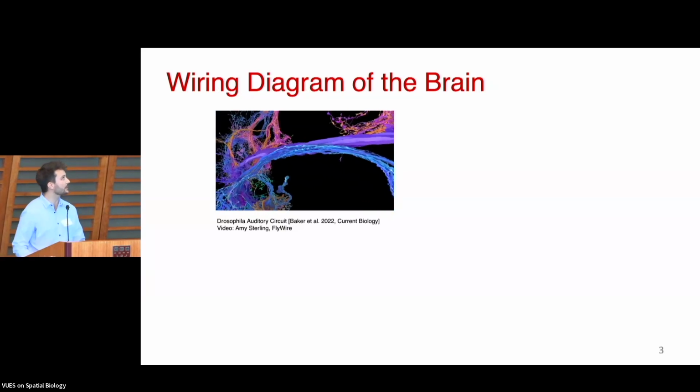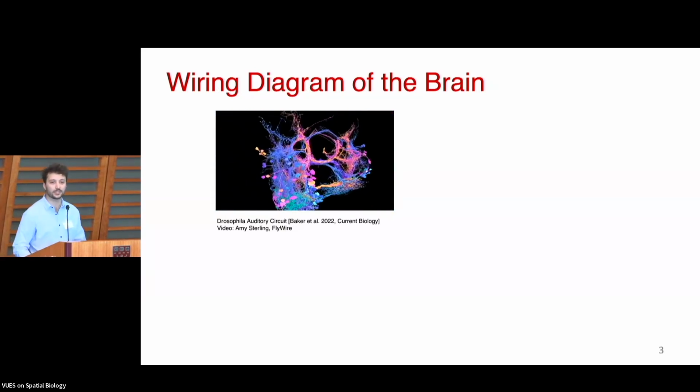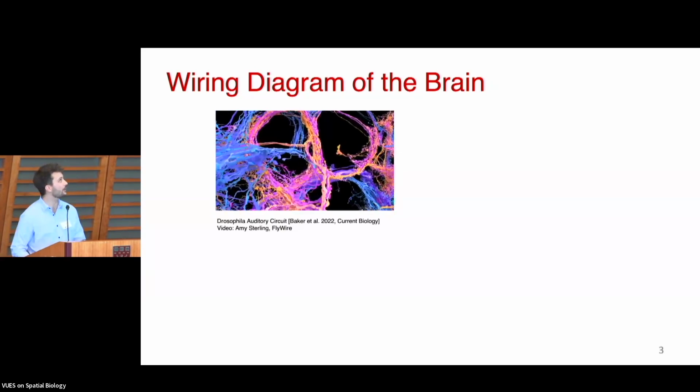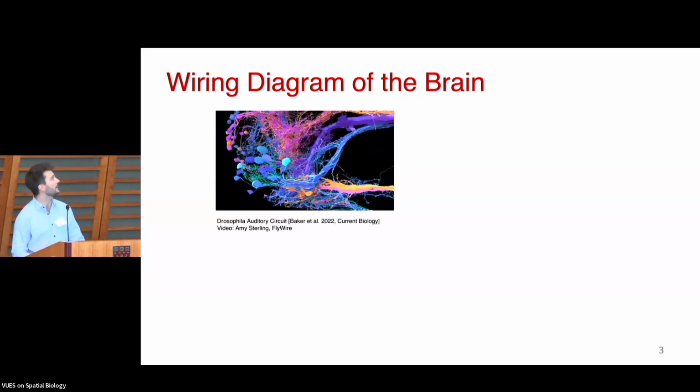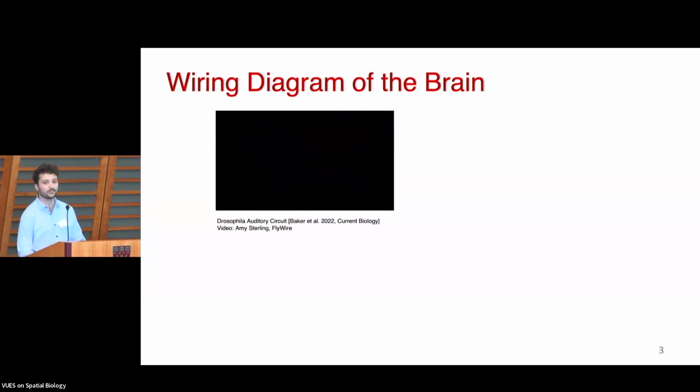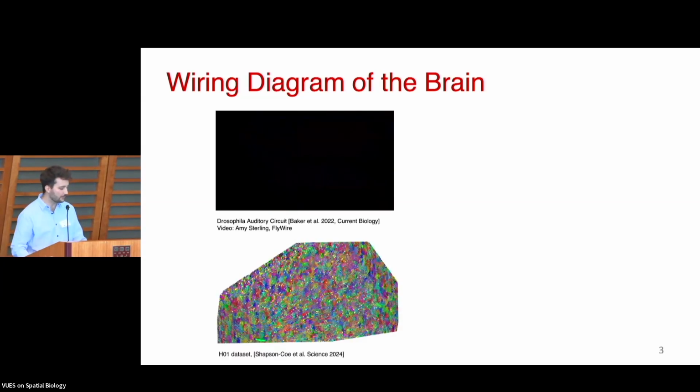So an example here that you're seeing is the auditory circuit that was reconstructed in the brain of a fruit fly. Those are all the neurons that process auditory information. And analyzing the hardware of that circuit gives a good insight about how the function of the circuit works.